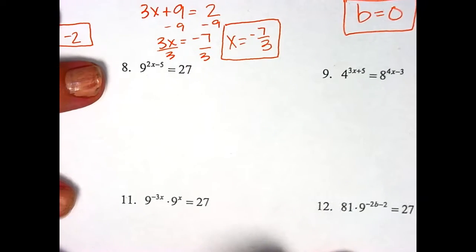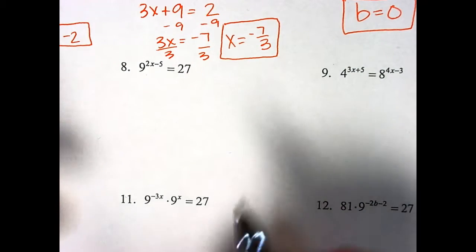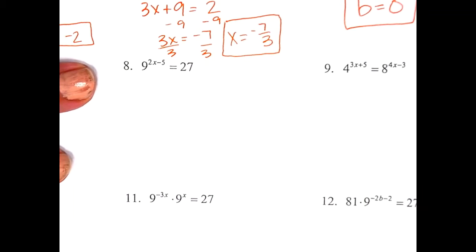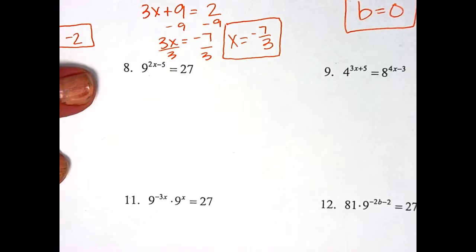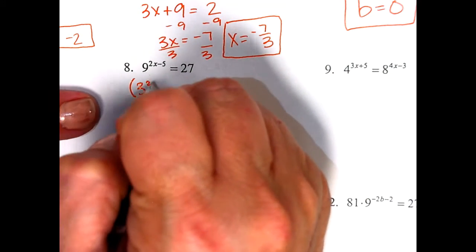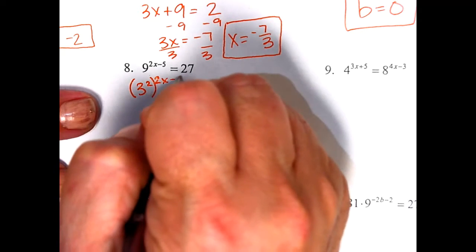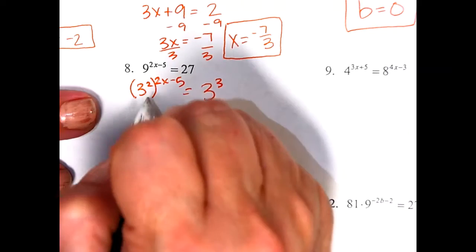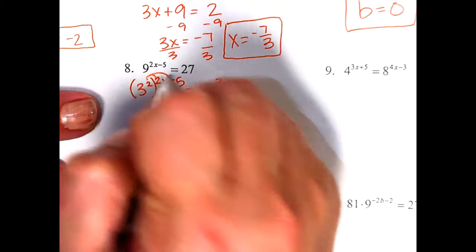Okay, on number 8, I have 9 to the 2x minus 5 and 27. So I can rewrite those both using a base of 3. So I have 3 squared to the 2x minus 5 equals 3 cubed. Distribute that 2 to these ones.